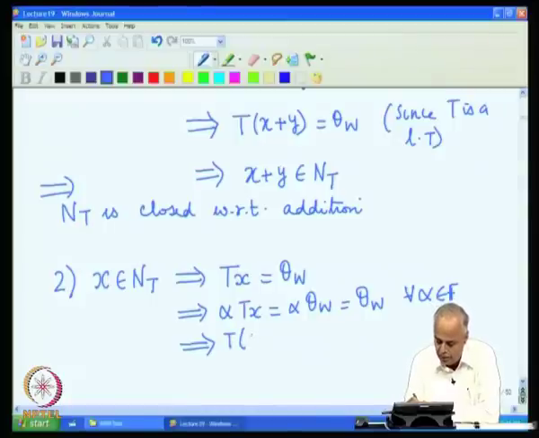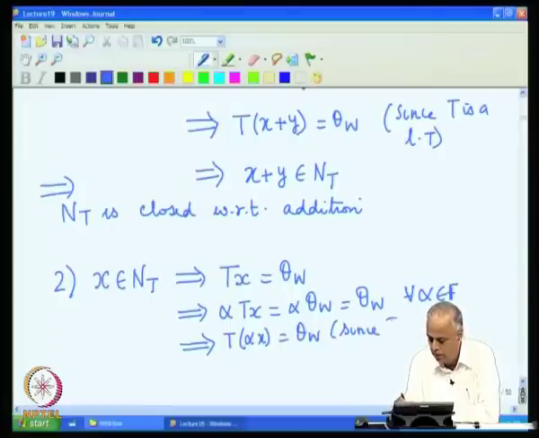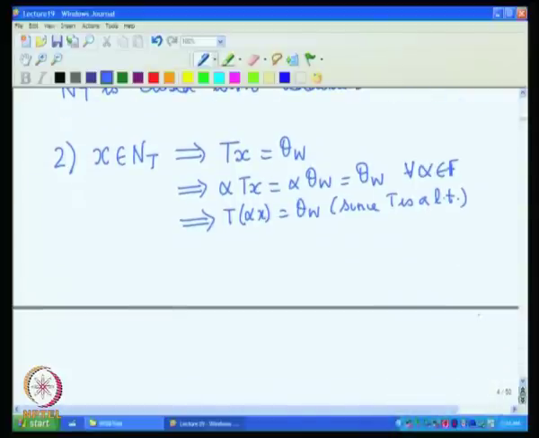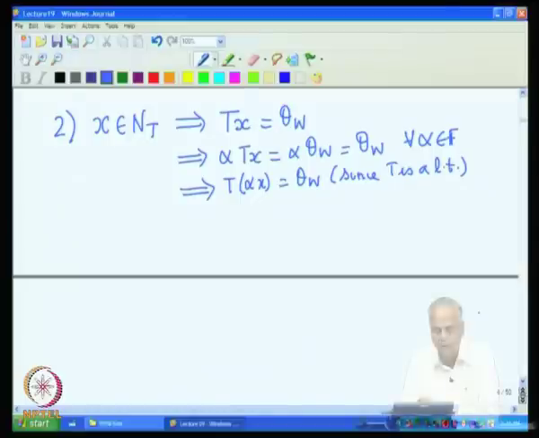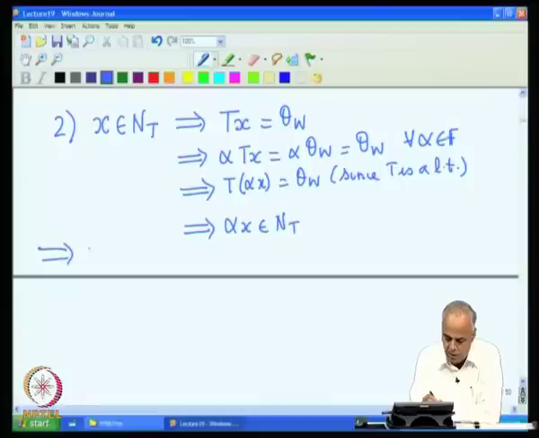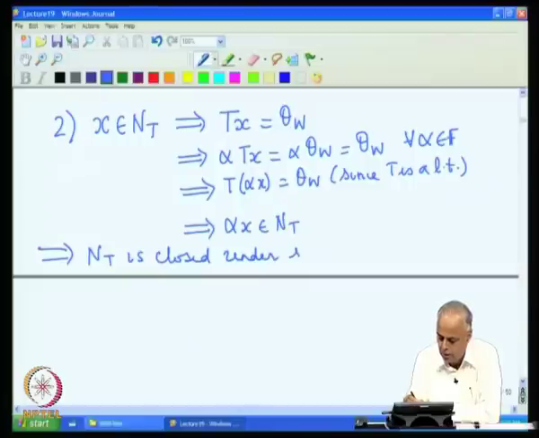So, alpha T x is the same as T of alpha x, since T is a linear transformation. So, that says the vector alpha x is going to carry over to the 0 vector, and hence alpha x qualifies to be in NT. So, this says NT is closed under scalar multiplication.